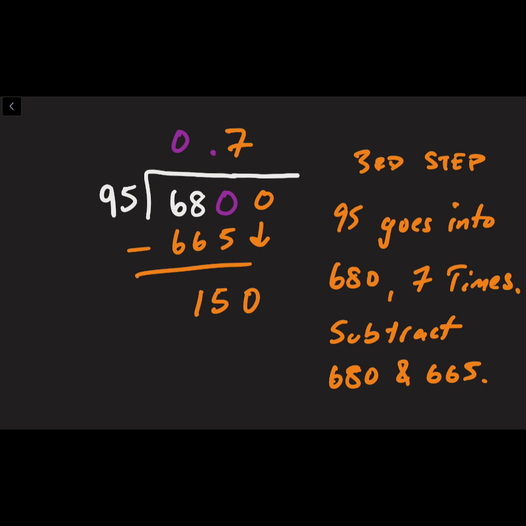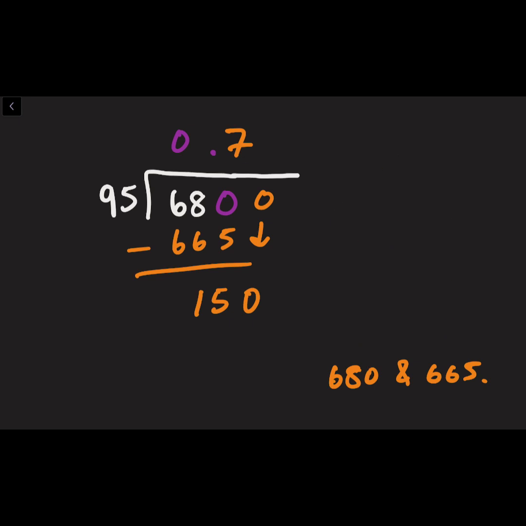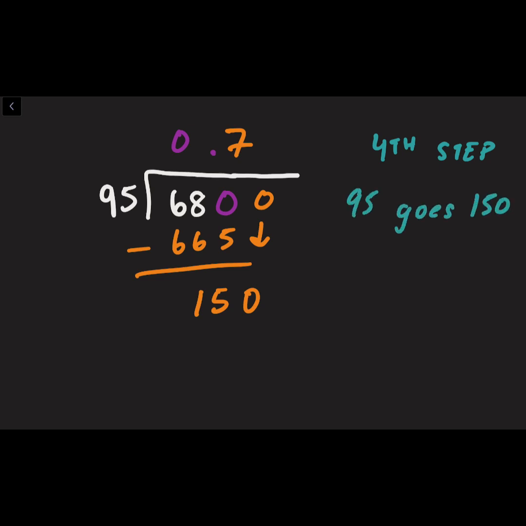Now we move to our fourth step. Now we have to figure out how many times 95 goes into 150. My bad, I forgot to put in the two, so let me rewrite that: 95 goes into 150. That's going to give us one time.